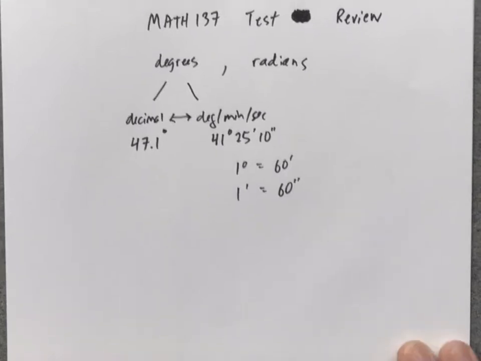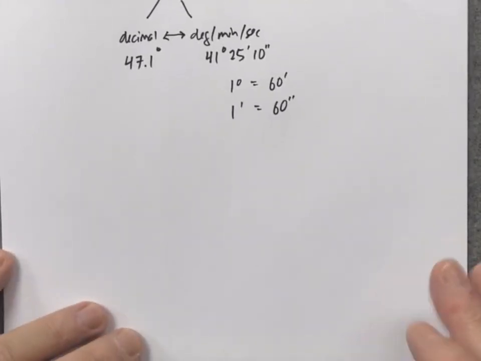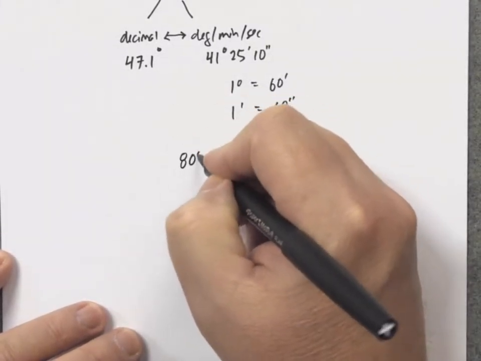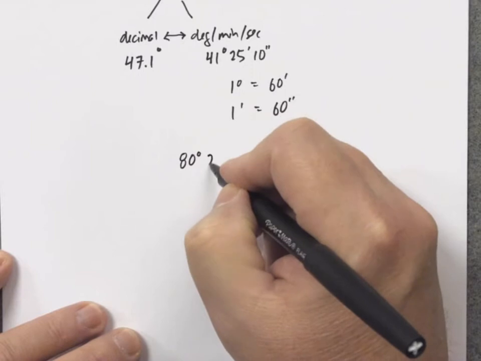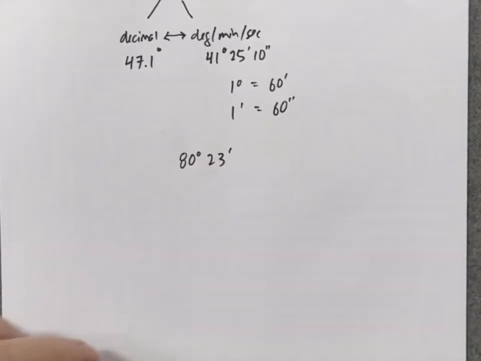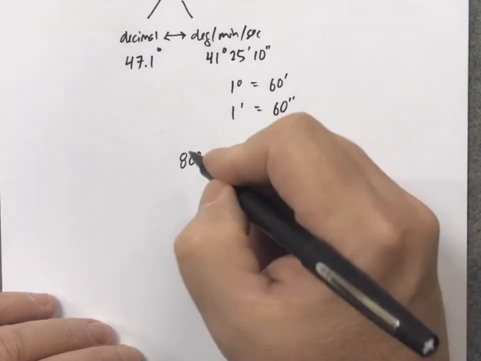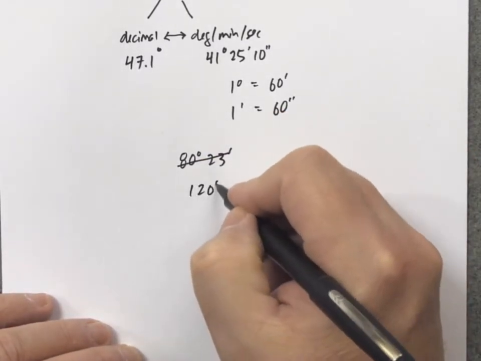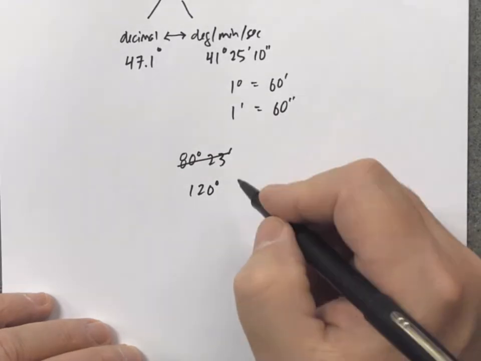So the first problem, we're given an angle, and we're told the angle is 80 degrees, 23 minutes. Actually, let me do a second problem because it has degrees, minutes, seconds.